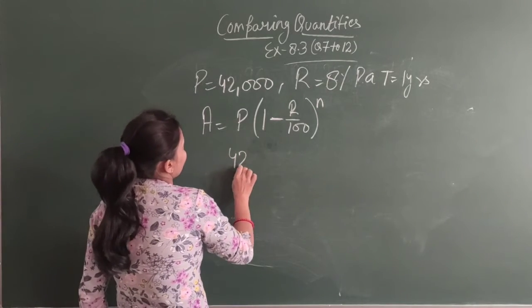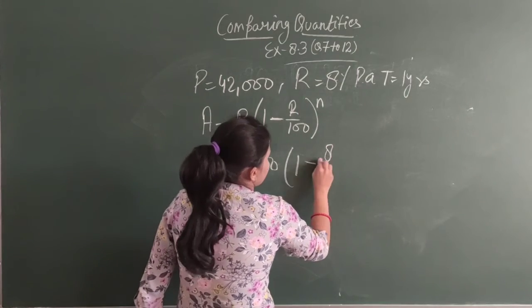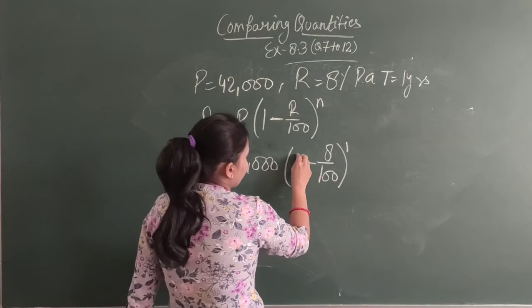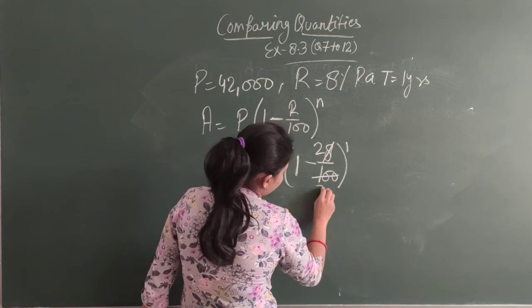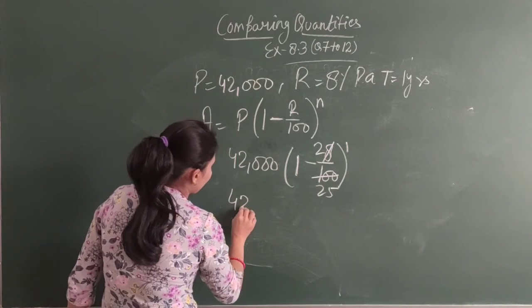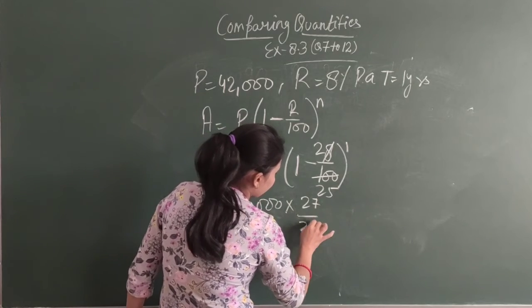So 42,000, 1 minus r is 8 upon 100 to the power 1. On solving, what will we get? 4 2s are 8, so we will get 42,000 multiply 23 by 25.